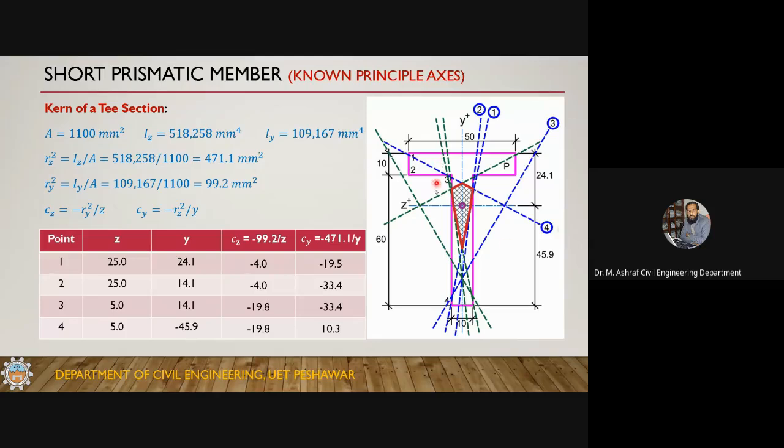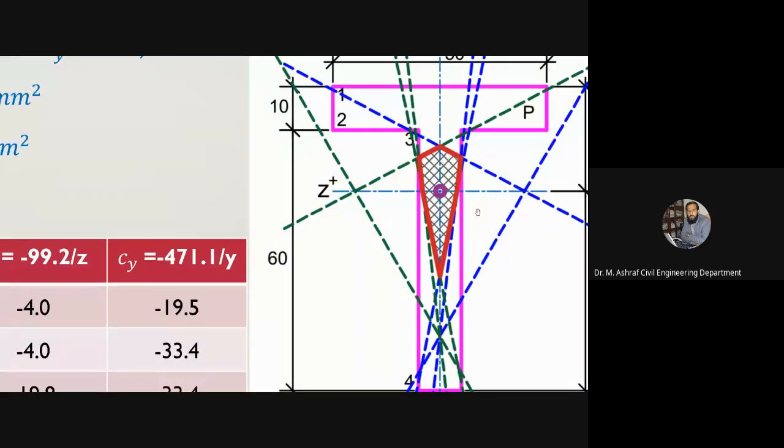Okay, so let me zoom in. This is the situation. This is line number 1, and this is line number 2. If you enclose this small portion, these two lines intersect each other somewhere here.